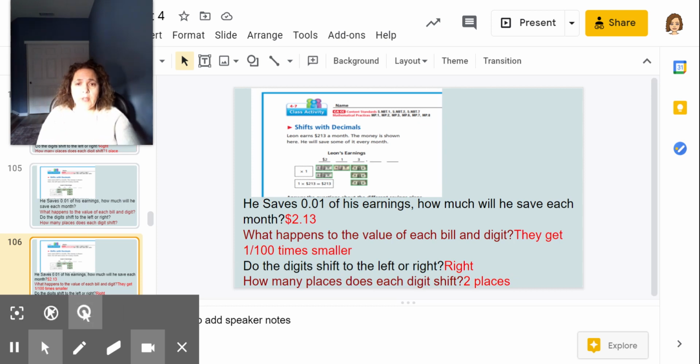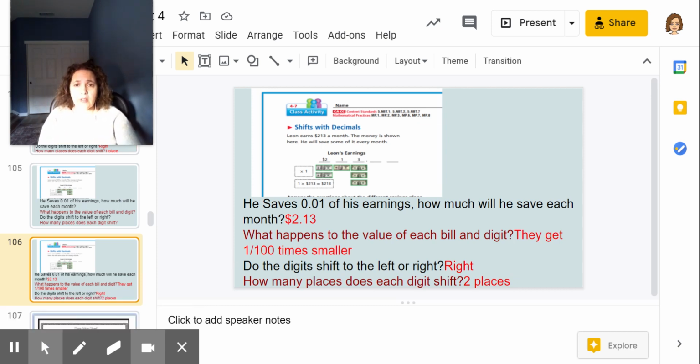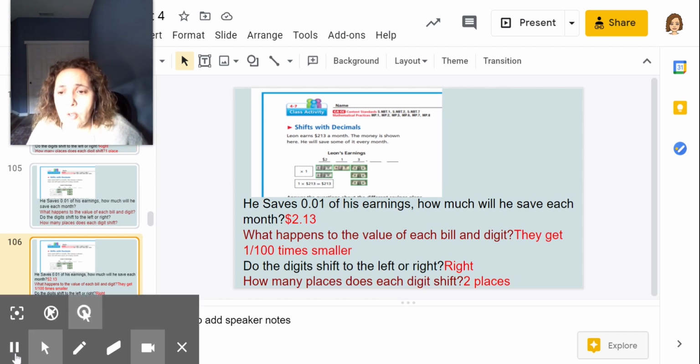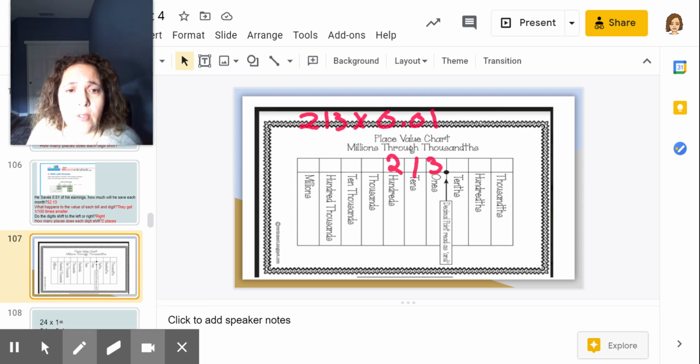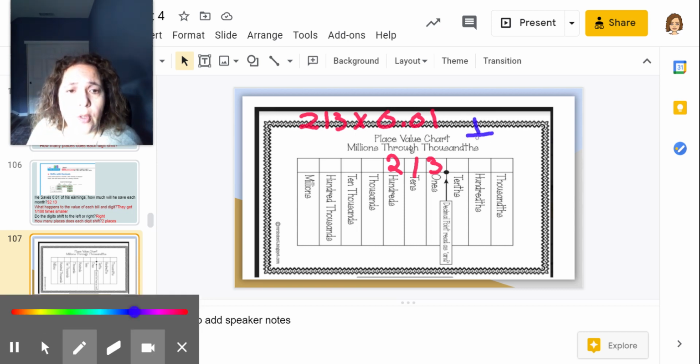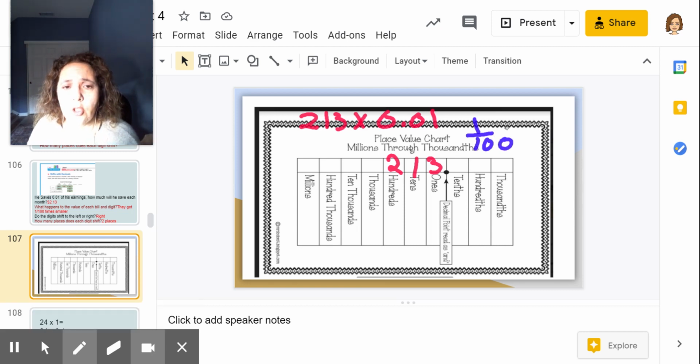So let's take a look. Okay, so now because it's 1/100th, they shifted. It's going to be $2.13. What happens to the value of each bill? They get 1/100th times smaller, and they shifted to the right 2 places. And so let me show you that. Okay, so in essence, this is what I have. I have 213 times 1/100th. So think of this. Remember, this is the same thing as 1 over 100, right? If you multiply by that, you know it's going to get smaller.